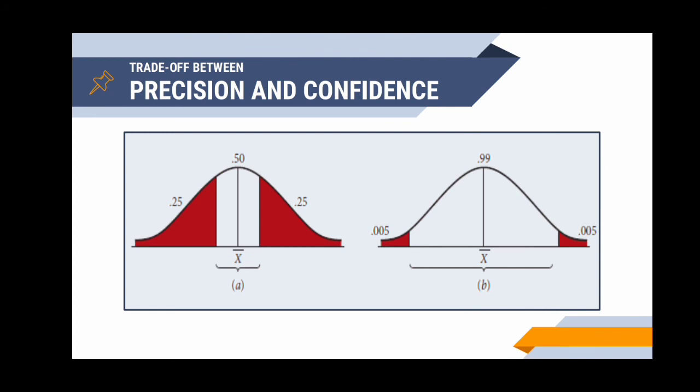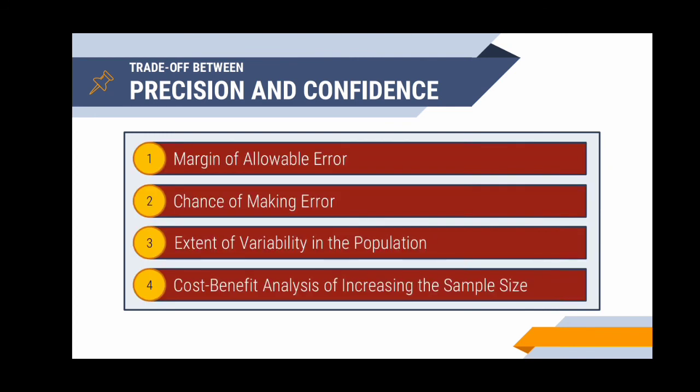And ano-ano yung mga yon? So, number 1, how much precision is really needed in estimating the population characteristic of interest? That is, what is the margin of allowable error? So, in number 2 naman, how much confidence is really needed? Or how much can we take of making errors?